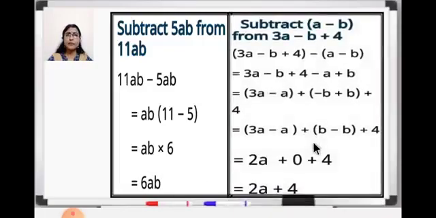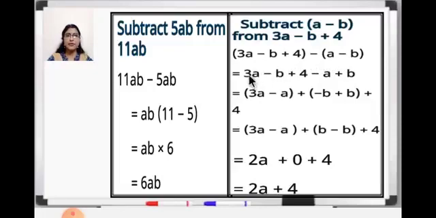So let us take one more example. Subtract a minus b from 3a minus b plus 4. So here you can see from is there. So first we will write down this expression, 3a minus b plus 4, minus, and we'll write this here next. You remember, when minus is there before the bracket, inside the bracket we have to change the sign.